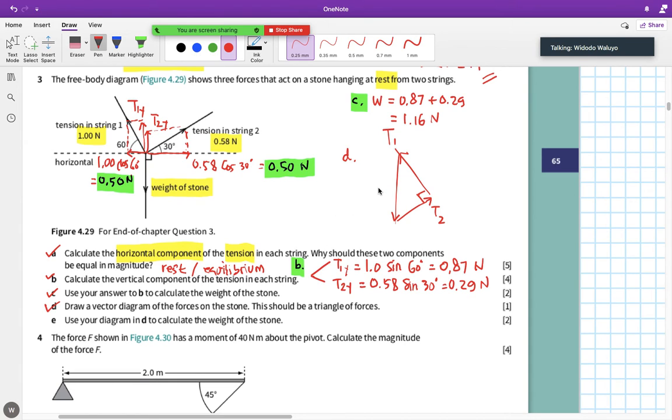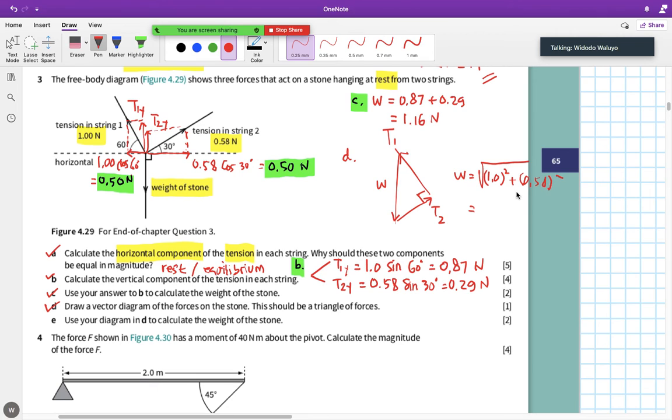So the weight is found by Pythagoras from T1 and T2. T1 is 1.0 squared, and T2 is 0.58 squared. When we use the calculator, we add 0.58 squared plus 1 squared and then take the root.